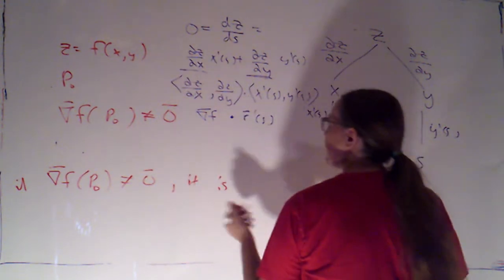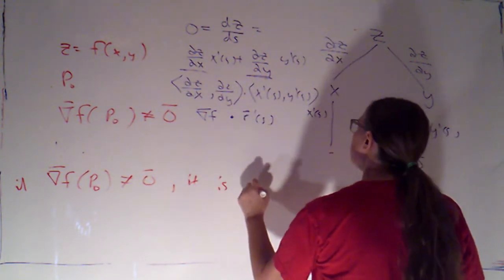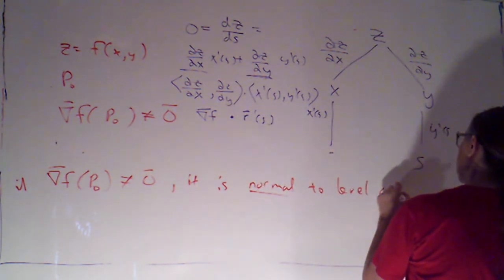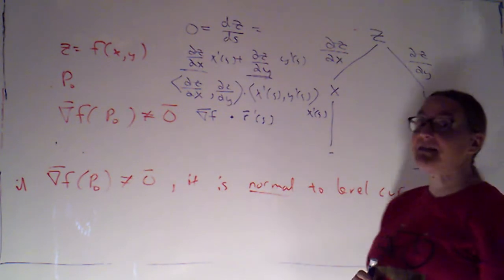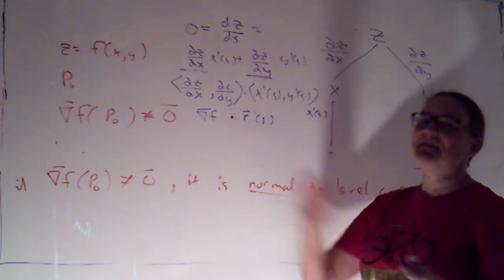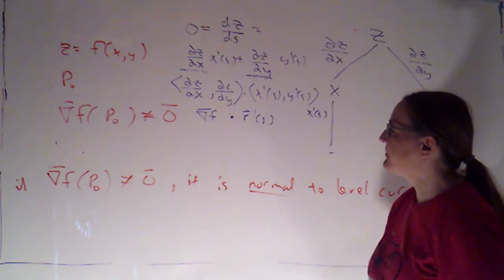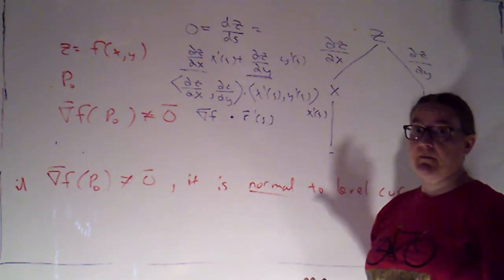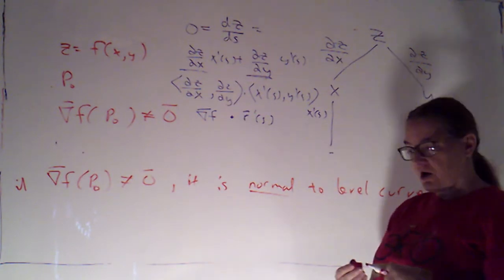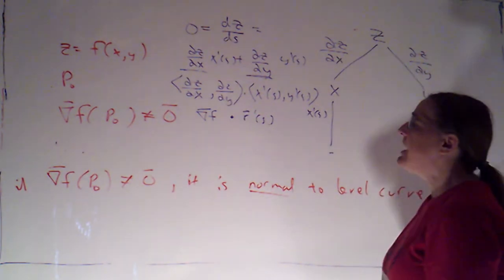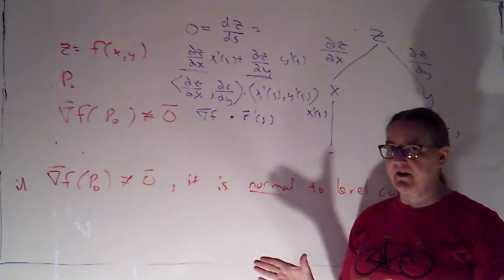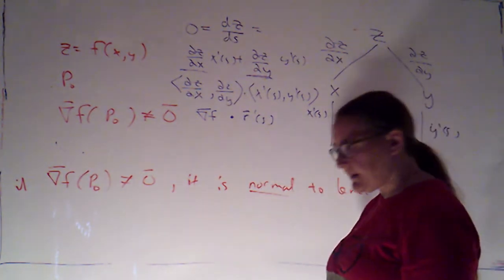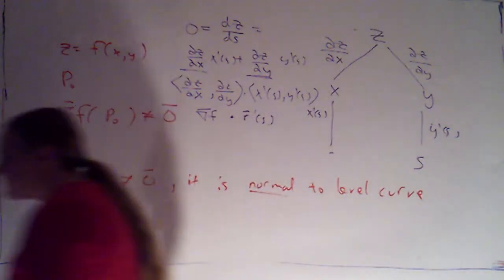So if the gradient of f at p naught is not zero, it is normal to the level curve, meaning it's perpendicular to the line that's tangent to that curve. Now, this applies to functions of two variables. I could modify the argument, and you'll see this in your textbook, if I had a function of three variables. If I have a function of three variables, we're talking about some sort of a surface.